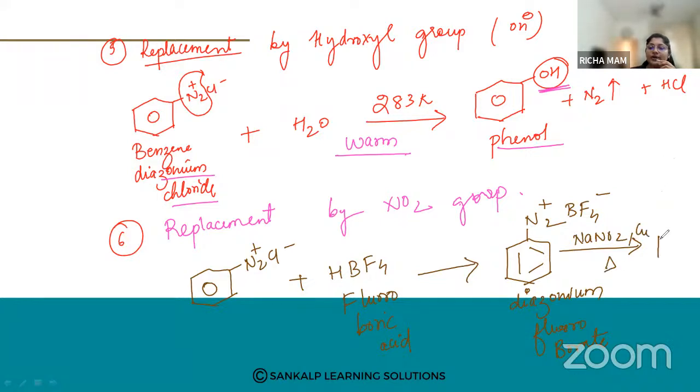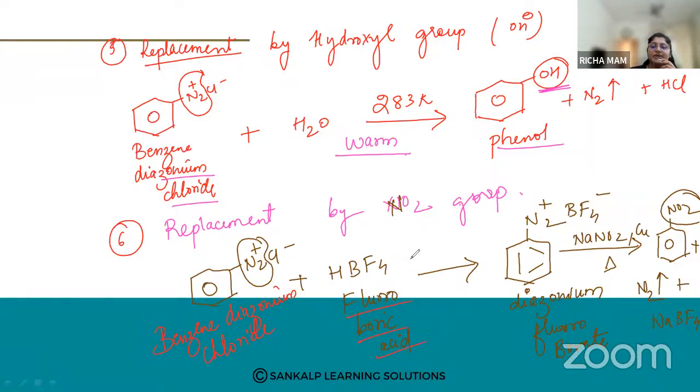And I'm going to get nitrobenzene plus N2 plus NaBF4. So in this reaction we are converting our diazo group to a nitro group. First step, we have taken benzene diazonium chloride and treated it with fluoroboric acid, HBF4.